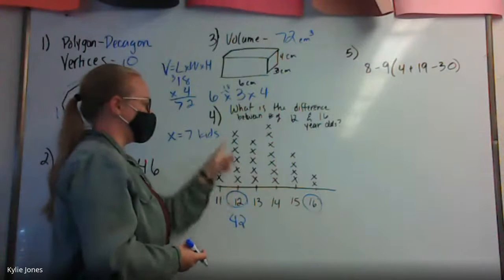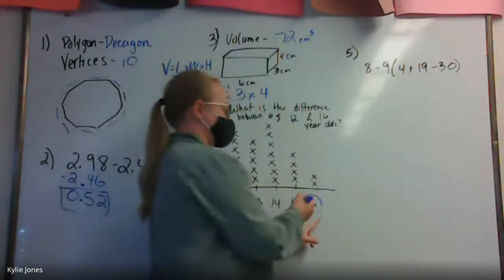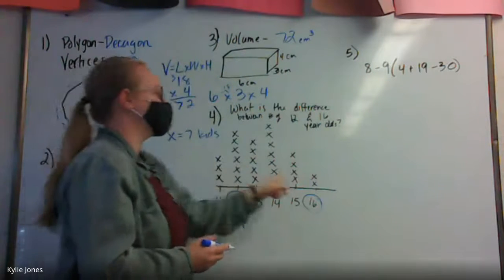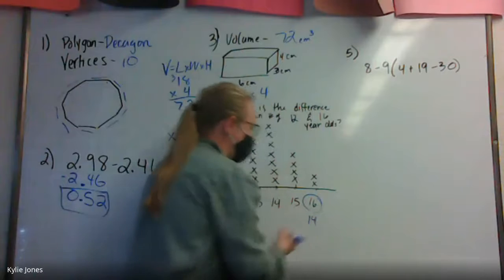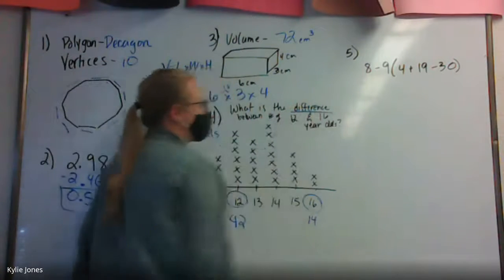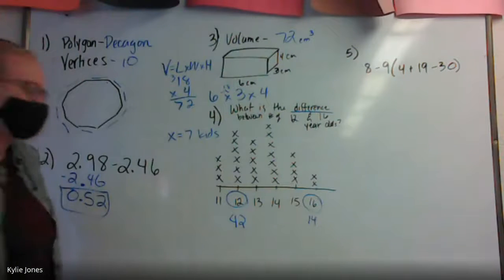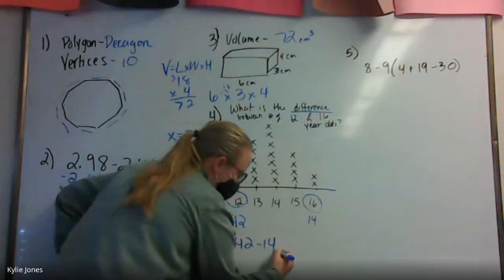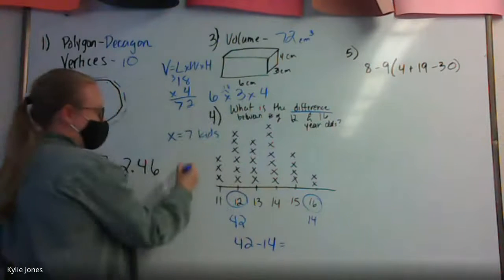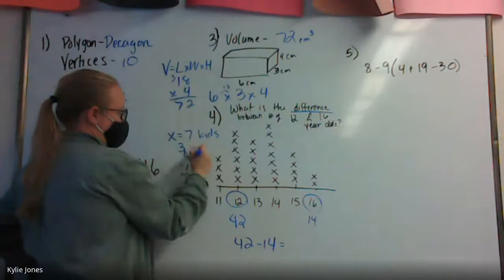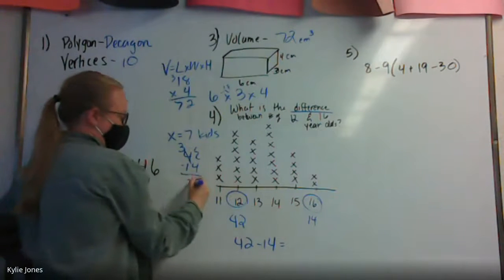So 42 kids are 12 years old. How many are 16? There's 2 X's, but each X is 7. So there's 14 16-year-olds. And then we need to find the difference. How do I find the difference? Subtract 42 minus 14. What is it? 28.